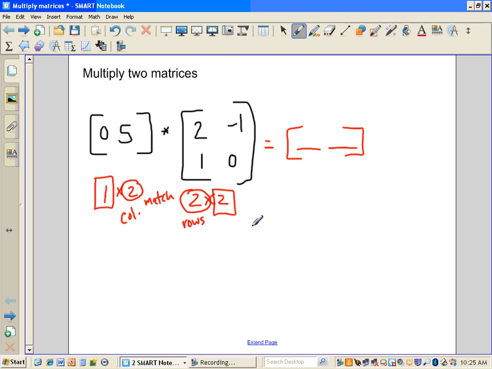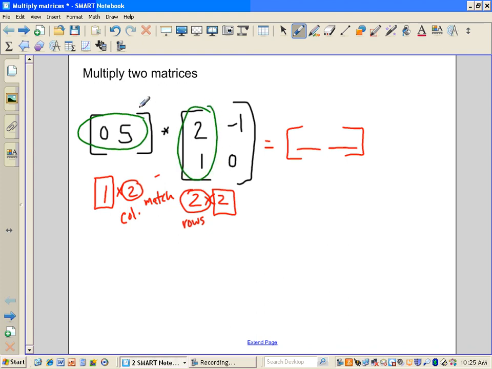I said we have to distribute, or make sure that this first matrix affects all the parts of this matrix. The way we do that is by looking at the whole row multiplied by the whole column. That's why these have to match in here. So you take the whole row here, this 0 and this 5, and you match it up with this 2 and this 1.